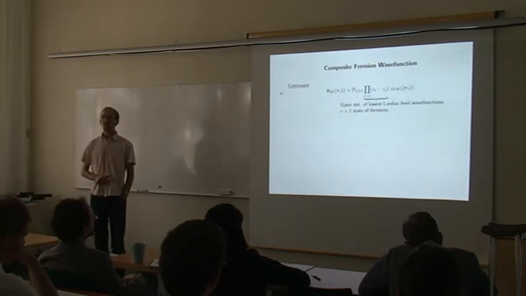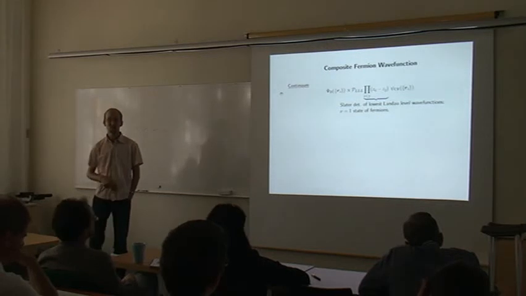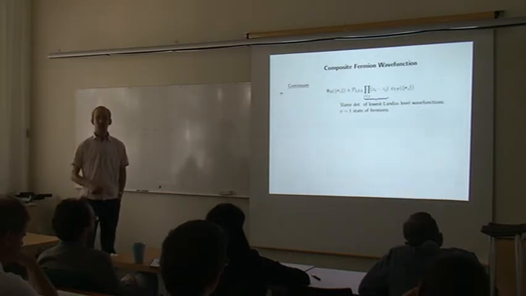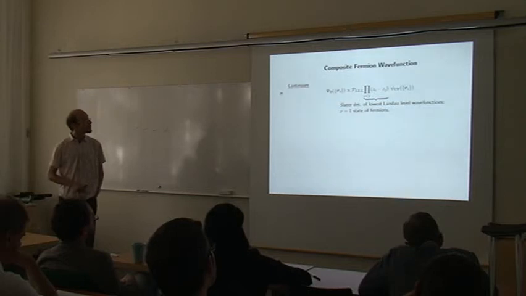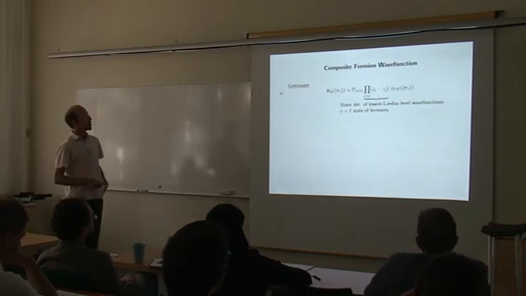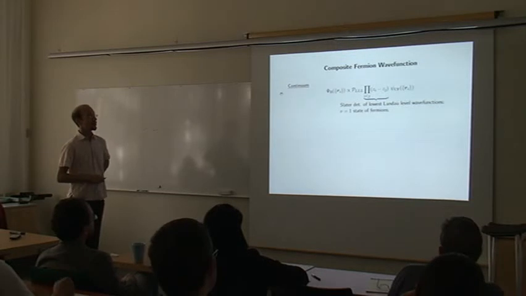Anyways, once we have these exact states, how do we know that they are composite fermion states? It would be good to have the analog of the composite fermion wave function on the lattice, so we can check explicitly. Okay, that's the well-known composite fermion wave function in the continuum.